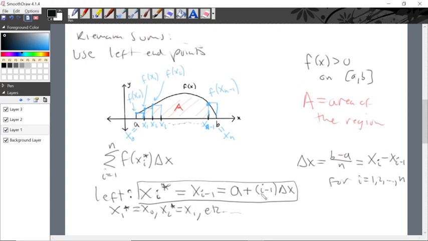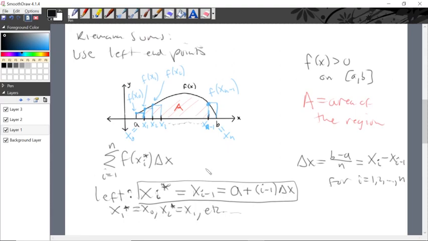That would be i. So if I wanted to know what is x sub 100, if we had more than 100, say there was a total of 1,000 of these, but I want to know where the 100th one was. Well, that's going to be equal to a, which we already know, and we're going to add 99 times delta x, where delta x is also dependent on b and a and n as well.